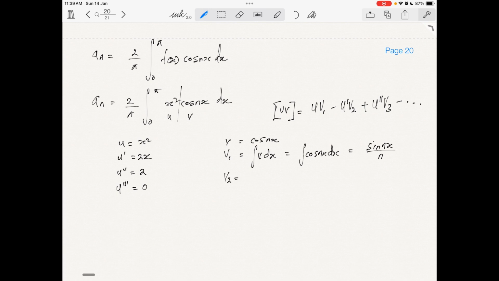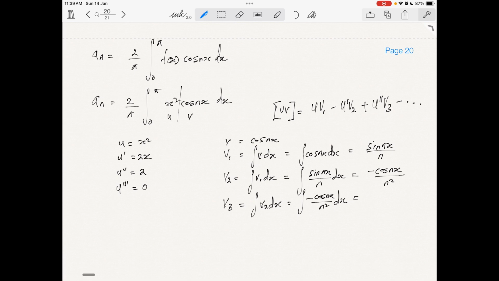And our v2, which is the integral of v1 dx, that's the integral of sine nx over n dx, which is going to give us minus cos nx over n squared. And v3, which is the integral of v2 dx, is the integral of minus cos nx over n squared dx. And when we integrate this, we have minus sine nx over n cubed.